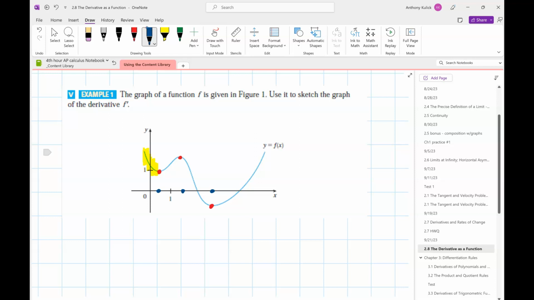And that slope is getting closer and closer to 0 as I get closer and closer to that minimum. So it's just going to look like that. Everybody agree? It's the steepest at this end. It's the most negative there. As we get closer to that minimum, the slope is getting closer and closer to 0, right?